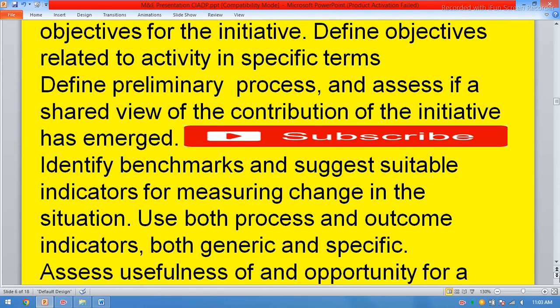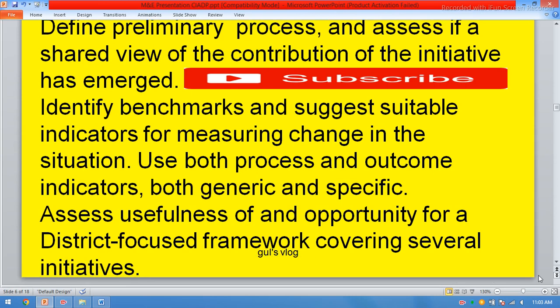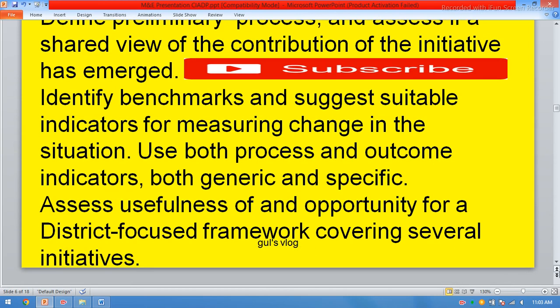Use both process and outcome indicators, both generic and specific. Assess usefulness of and opportunity for a district-focused framework covering several initiatives.